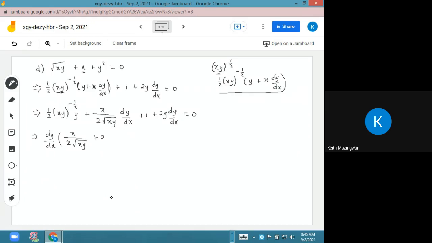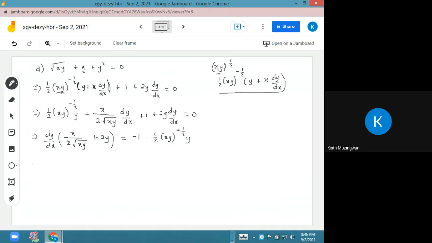So we have x over 2 the root of xy plus 2y is equal to, we take 1 the other side as a negative, also negative half xy to the negative half multiplied by y.